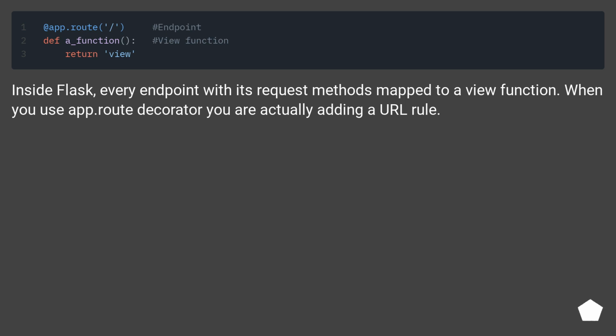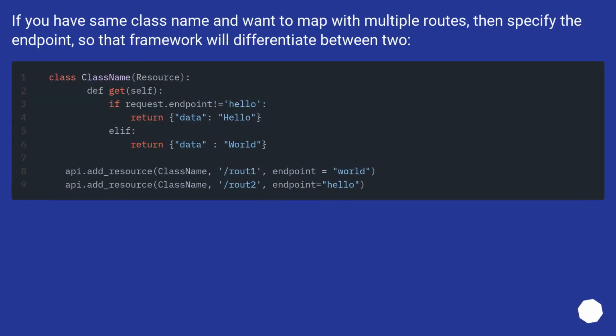Inside Flask, every endpoint is mapped with its request methods to a view function. When you use the app.route decorator, you are actually adding a URL rule. If you have the same function name and want to map with multiple routes, then specify the endpoint, so that the framework will differentiate between the two.